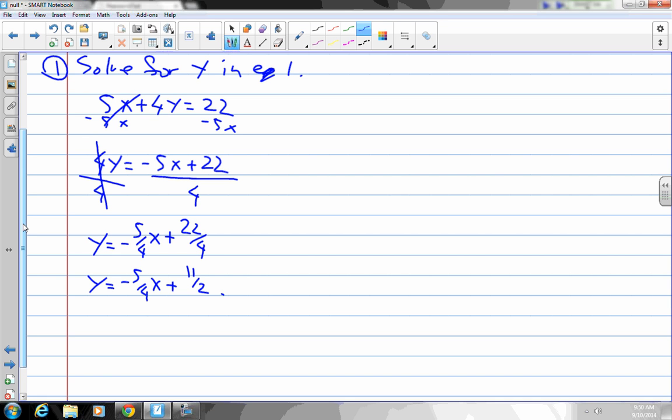Pretty ugly, but hey, so we have fractions. So then we have to take this expression and substitute for y in the second equation. So we're going to sub for y in equation 2.